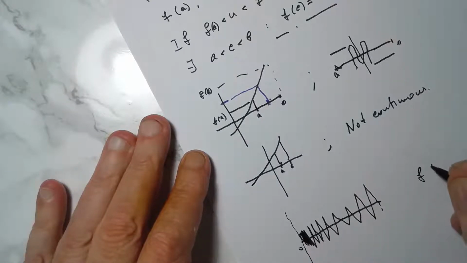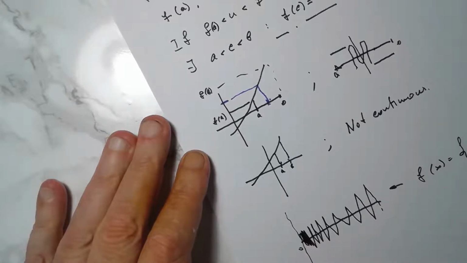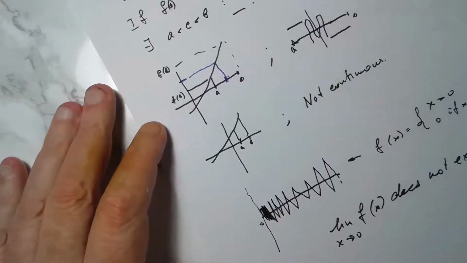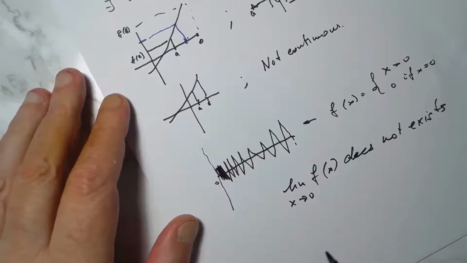And so the function f of x is given by this graph if x is greater than 0, and it is 0 if x is equal to 0. Well, this is obviously not a continuous function because the limit of f of x as x converges to 0 does not exist. Remember, this function jumps up and down infinitely often, and so the limit simply does not exist.